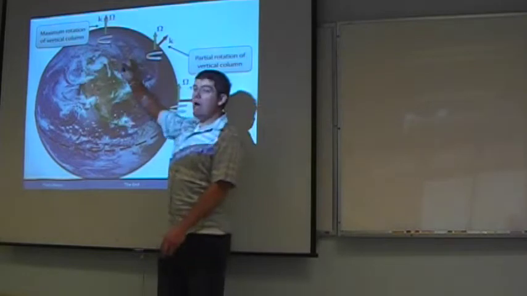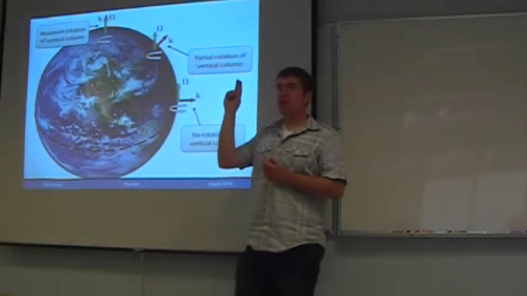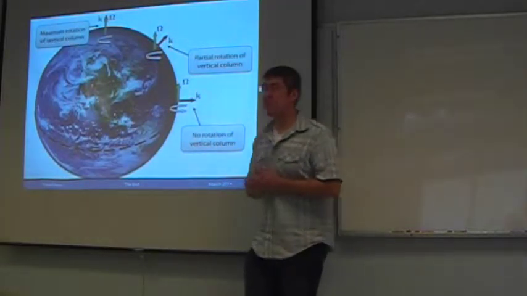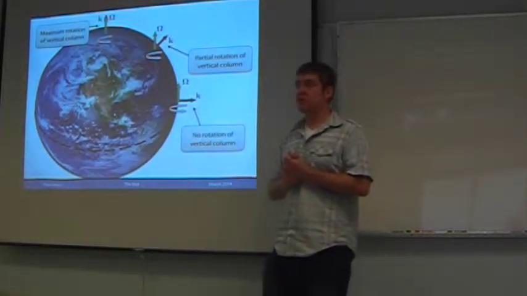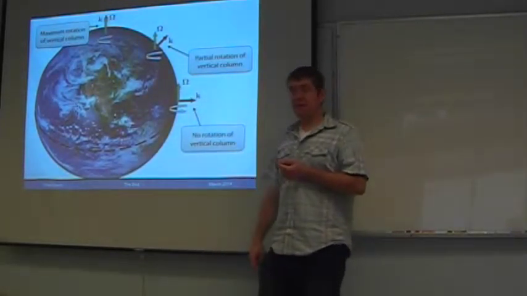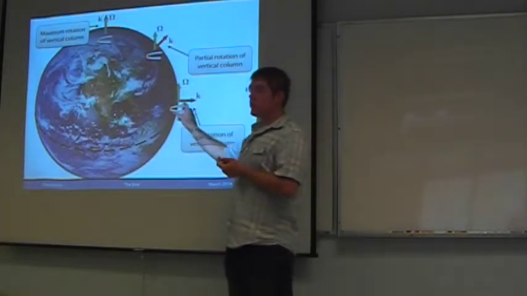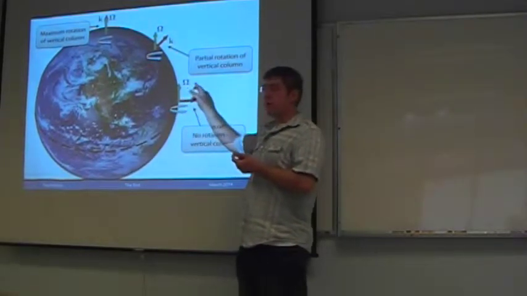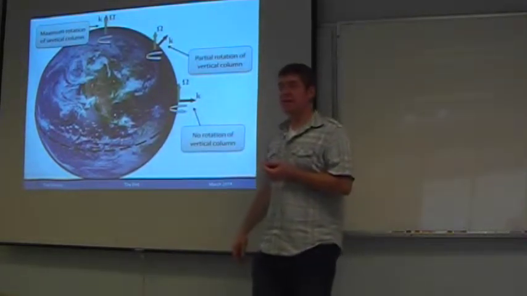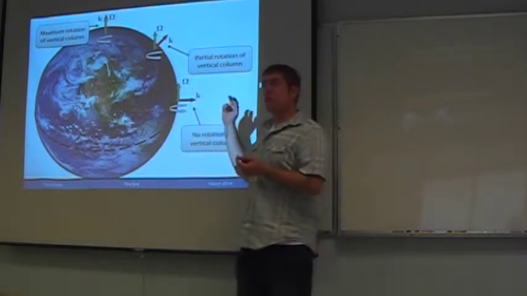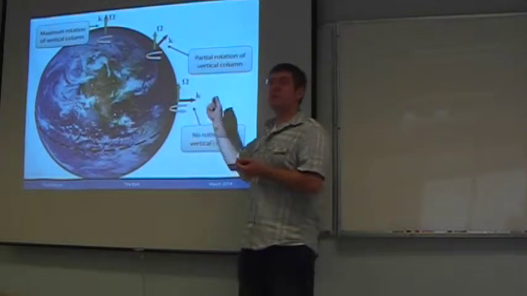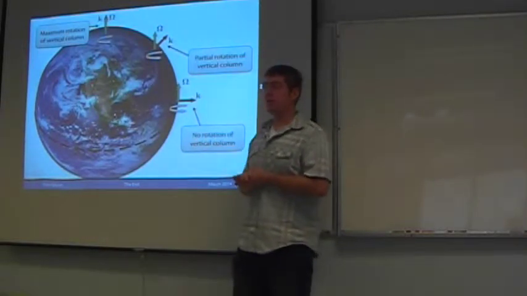If you're at the poles, your vertical axis of rotation is perfectly aligned with the planet's axis of rotation, and hence you'll have maximum contribution from planetary vorticity. At the equator, these two vectors are perfectly perpendicular to one another, and so there will be no contribution from planetary vorticity to the axis of rotation. The net effect is that the planetary vorticity, which is determined by the Coriolis parameter f, 2 omega sine phi, is 0 at the equator and maximal at the poles.